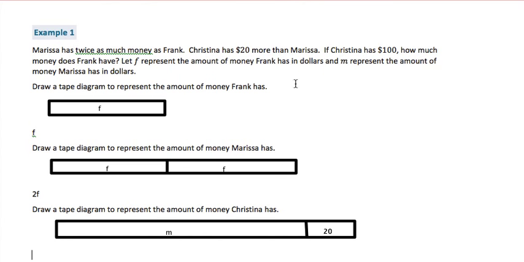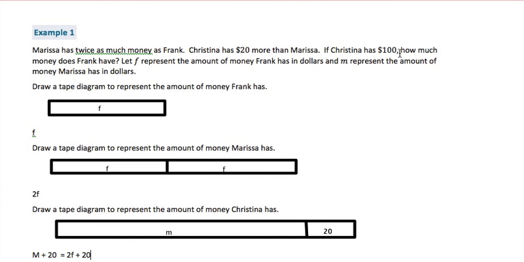Christina has $20 more than Marissa. So Christina has M plus 20, but we know that M is equal to 2F. So really, if we substitute 2F plus 20, we can make an equation that can make things a lot easier.